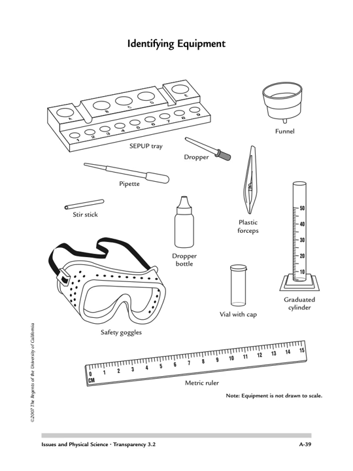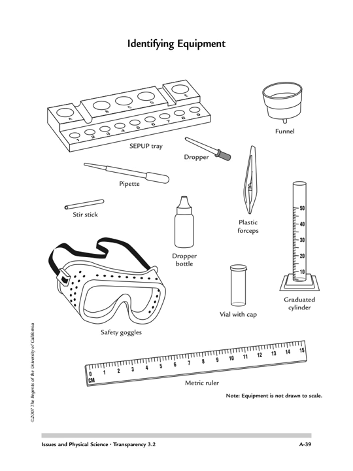And these are all of the materials that you're going to be able to use. You can use a CPUP tray. You can use a funnel. That might be good for maybe funneling out the liquids or maybe the solids from the liquids. A dropper, a pipette, a stir stick, a dropper bottle, plastic forceps, graduated cylinder, a vial with a cap.